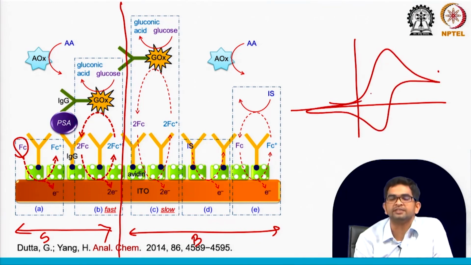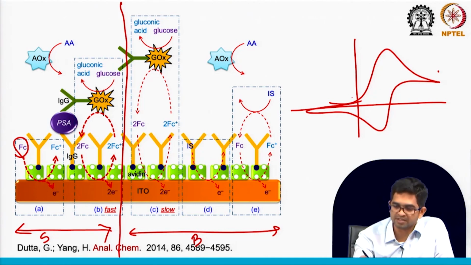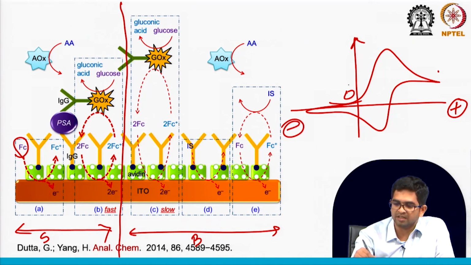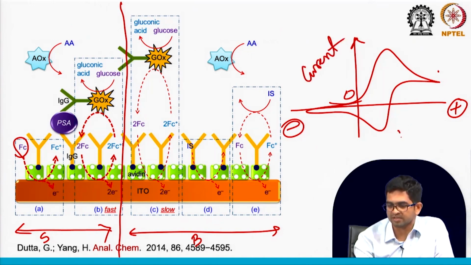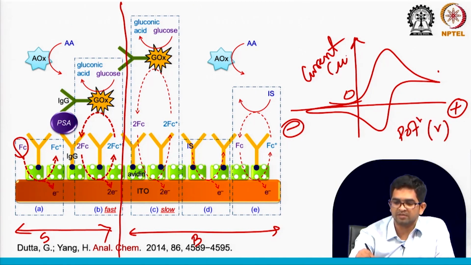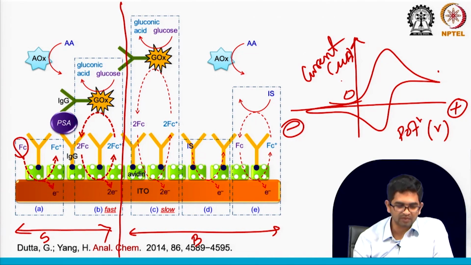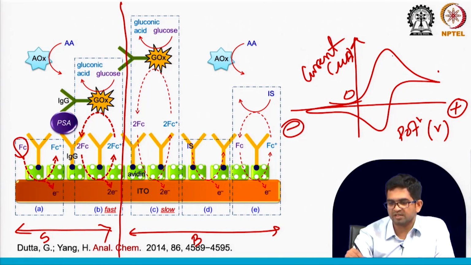Suppose it is showing like this. It is 0, here negative, here positive. On the x-axis here is the potential, and the y-axis is the current; the unit is volt, and the current unit is microamps. Your ferrocene is oxidizing, suppose, at this potential.